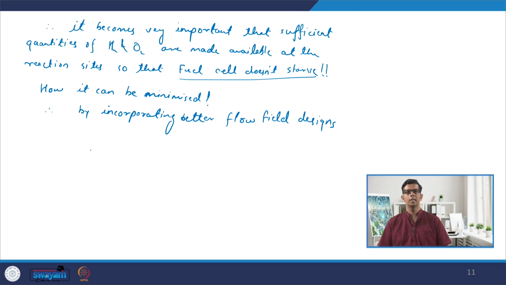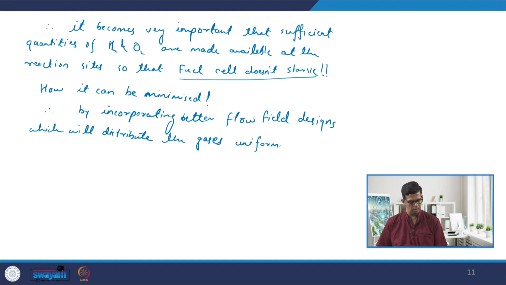So, by employing these better flow field designs, we can distribute. So, let me write that: designs which will distribute the gases uniformly.